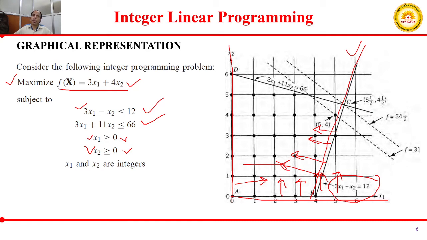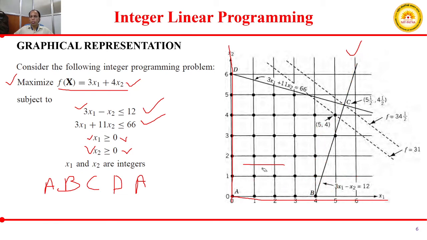If you see, you are getting a feasible region A, B, C, D, A. I hope the feasible region is visible to all of you.